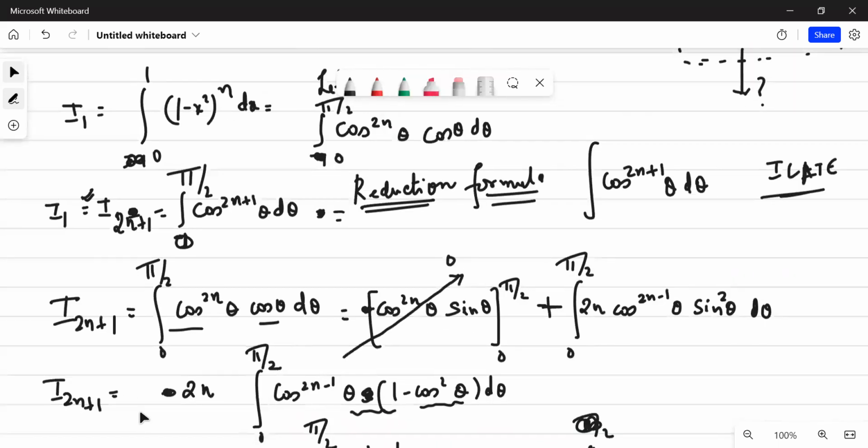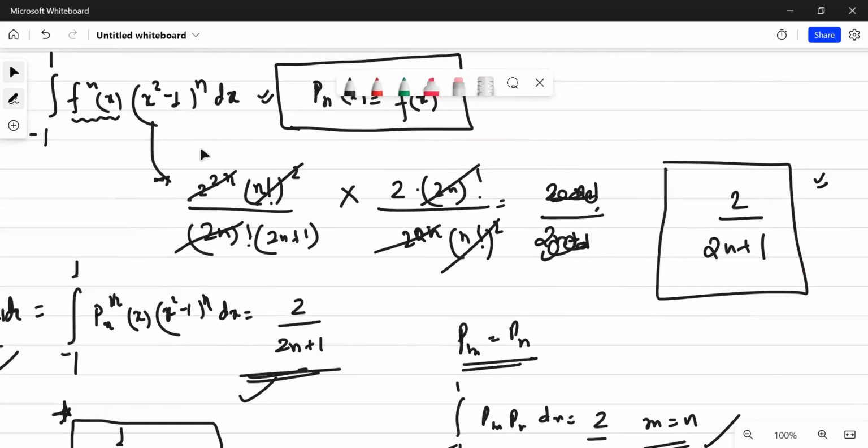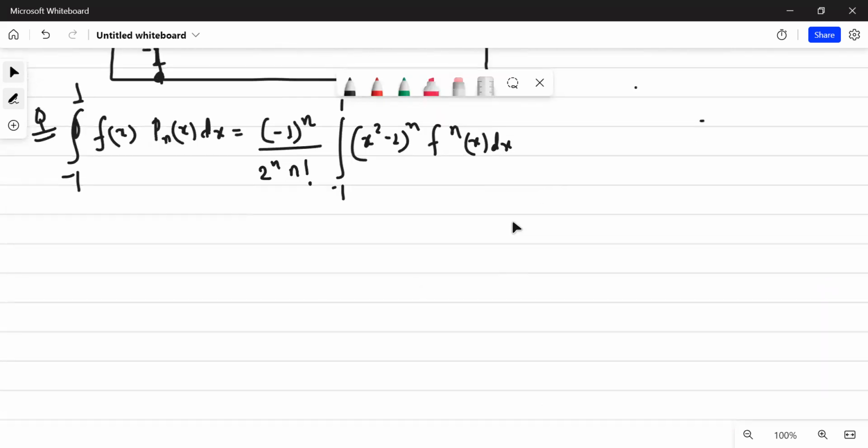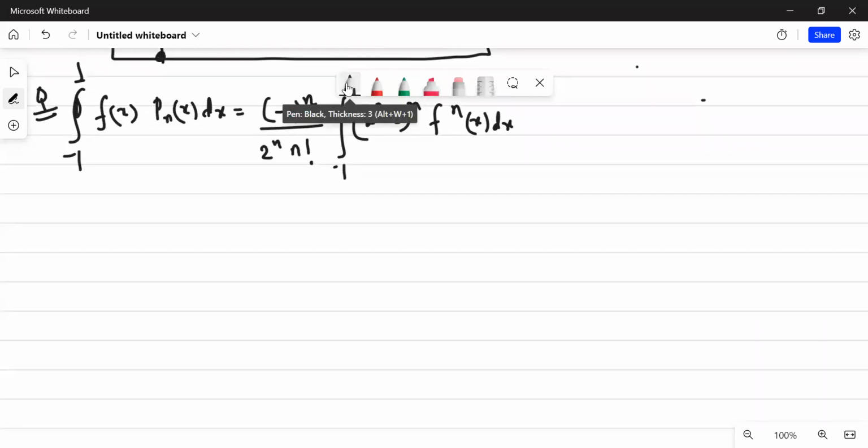Is that clear? The previous derivation was a little long, but overall understand these are not that difficult things. Now on the same lines, I'm asking you to prove this property, where f(x) is any continuous differentiable function, n times differentiable.